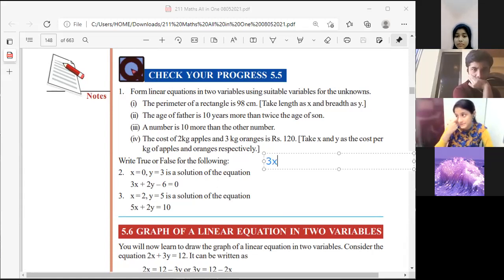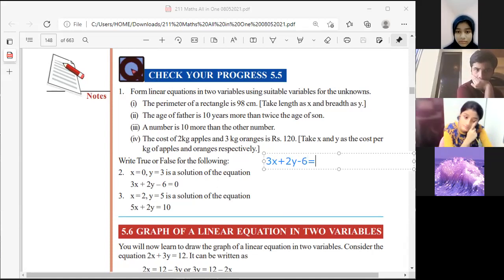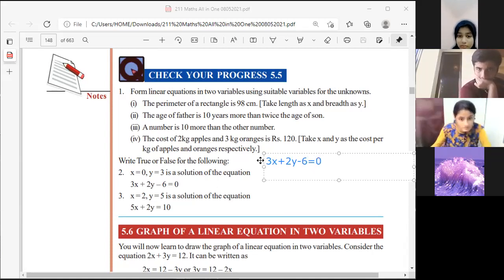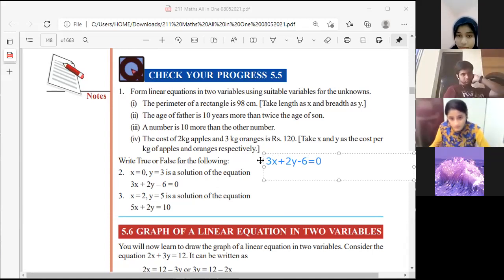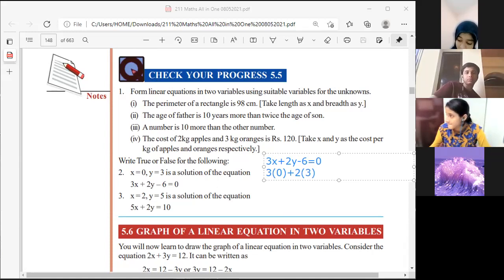Now the equation is 3X plus 2Y minus 6 is equal to 0. We have to only substitute. In the place of X, we will substitute the value of X. In the place of Y, we will substitute the value of Y. So I'm going to write 3, value of X is 0, plus 2, value of Y is 3, and equal to, taking 6 on the right hand side.